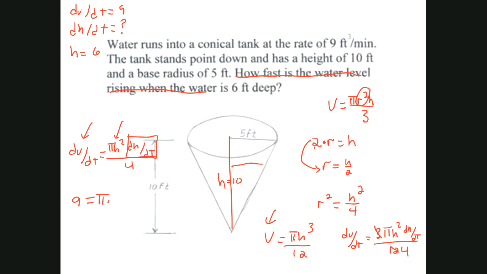So I'm going to put 6 in here, but that's 6 squared, dh/dt, all over 4. If I multiply by 4 here, I end up with 36 is equal to pi times 36 dh/dt. If I divide by 36 and pi, my answer is just 1 over pi, isn't it? That is equal to dh/dt.